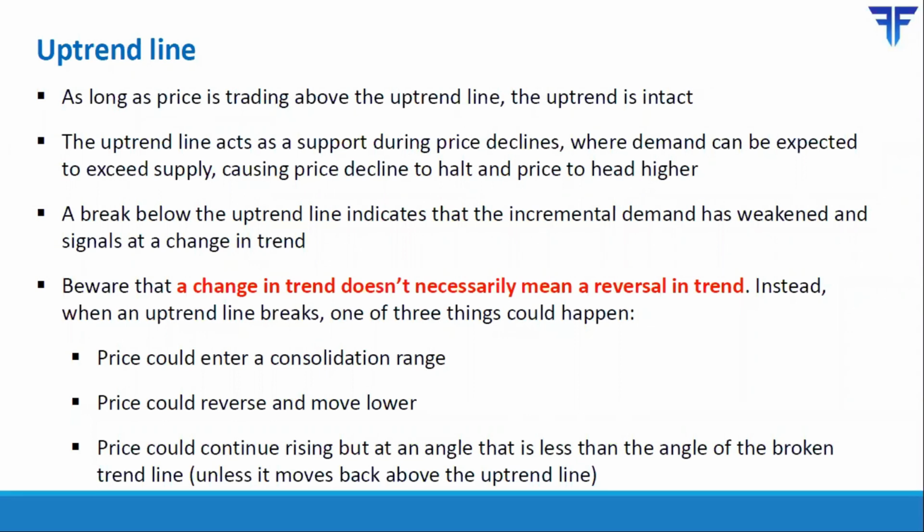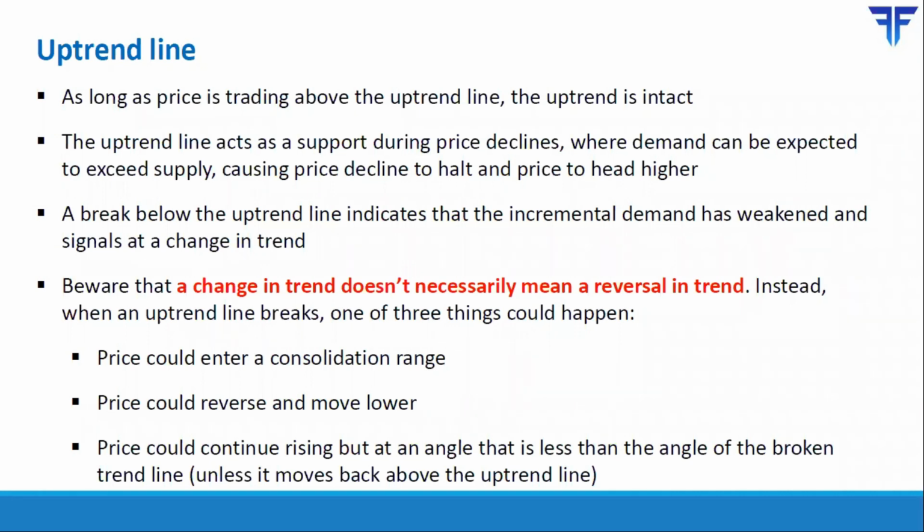A common misconception that a lot of people have in mind is that whenever an uptrend line breaks, it is an outright sell. It is a reversal in trend. However, that is not necessarily true. All a break of an uptrend line means is that price is no longer maintaining the angle at which it was previously rising.